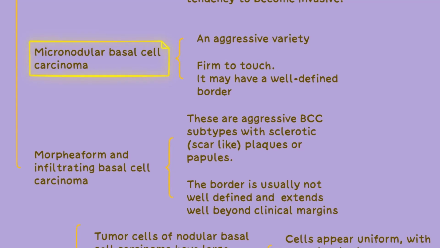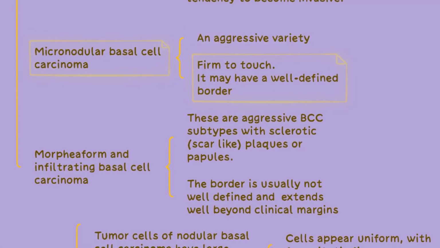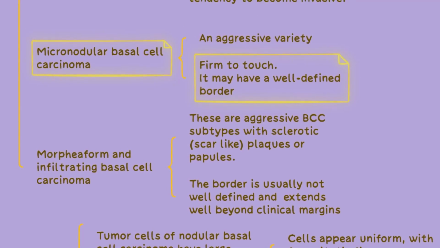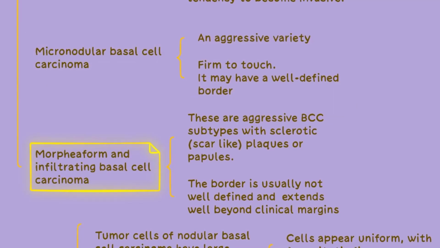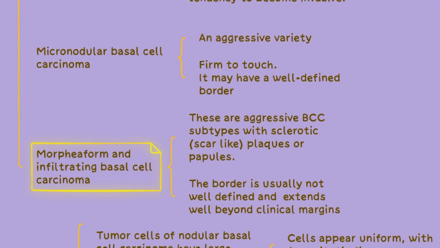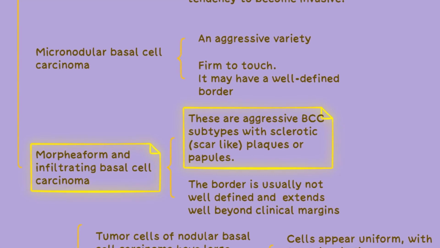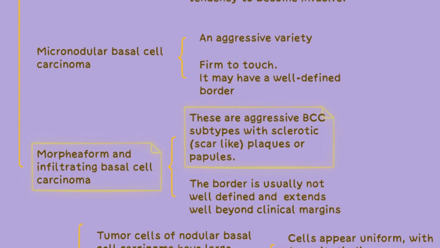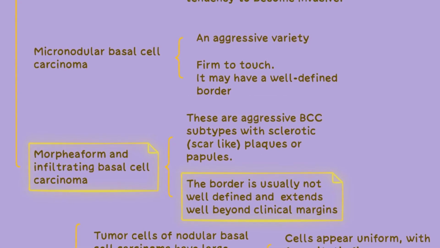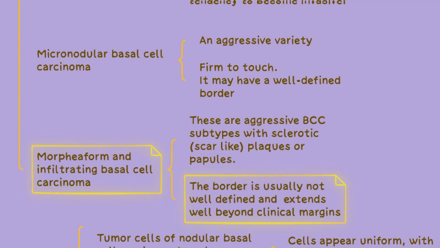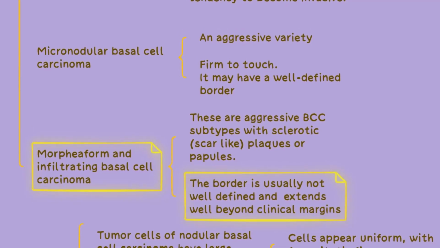Micronodular basal cell carcinoma is an aggressive subtype that is firm to touch and may have a well-defined border. Lastly, morpheoform and infiltrating basal cell carcinoma subtypes are aggressive and present with sclerotic plaques or papules. The border is usually not well defined and extends beyond clinical margins.